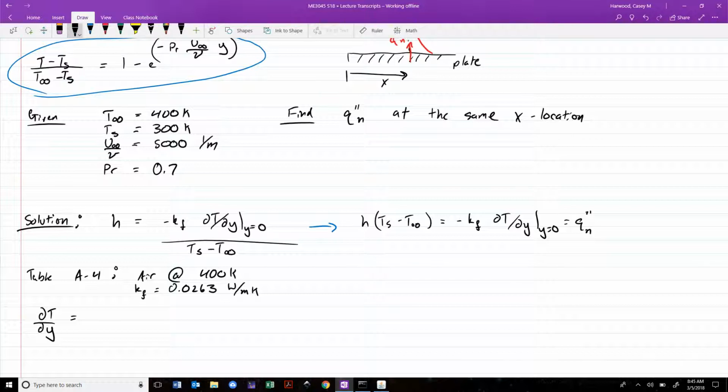And what that would give us is T infinity minus T_s times Prandtl u infinity over nu, times negative Prandtl u infinity over nu y. And we should have, nope, that's right.